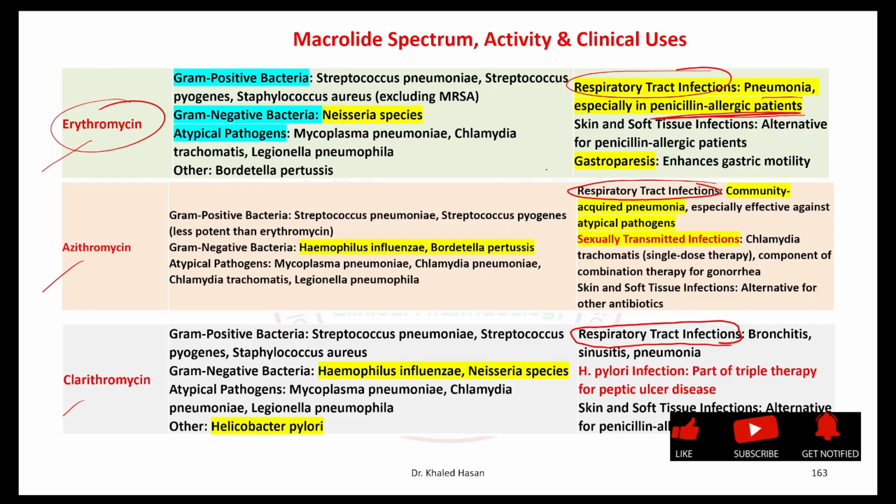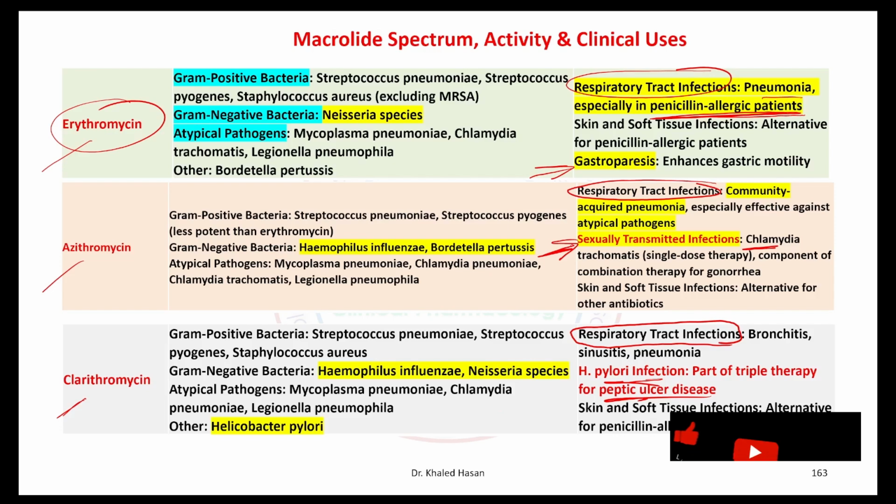We need to remember that erythromycin could be used to treat gastroparesis. It's already covered in the GI system, clinical pharmacology. Azithromycin, we use for the treatment of sexually transmitted disease due to Chlamydia, for example. Clarithromycin, we use for Helicobacter pylori in patients with peptic ulcer disease.